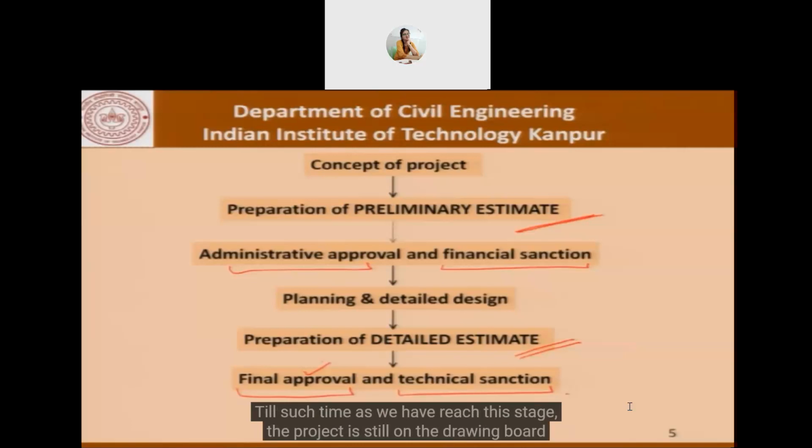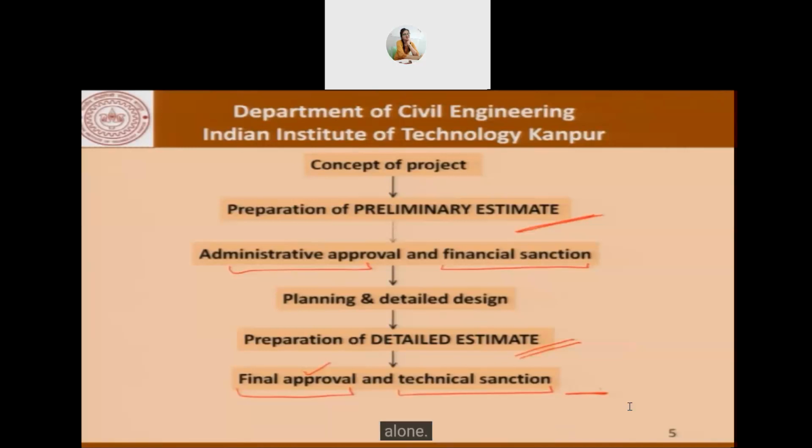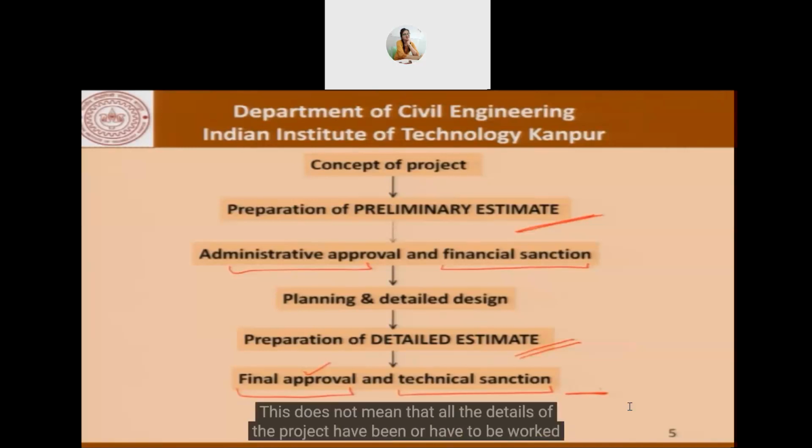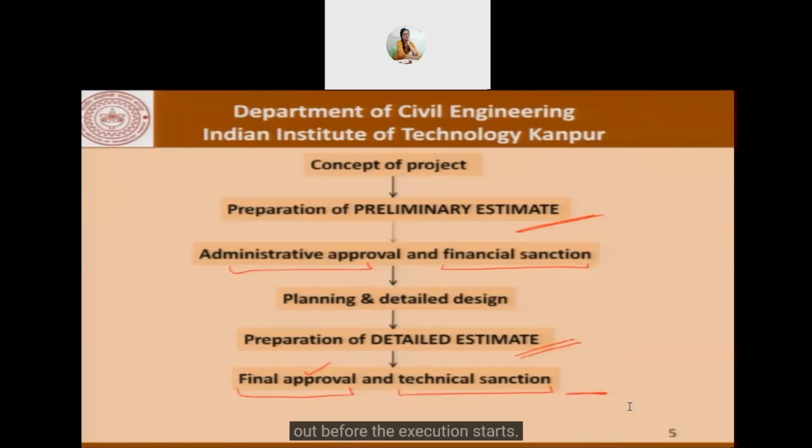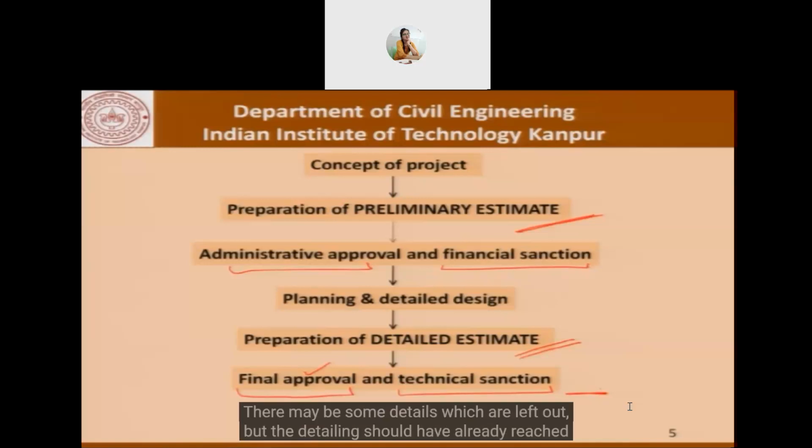Till such time as we have reached this stage, the project is still on the drawing board alone. This does not mean that all the details have been worked out before execution starts. There may be some details left out, but the detailing should have reached a stage wherein a very accurate estimate can be made.